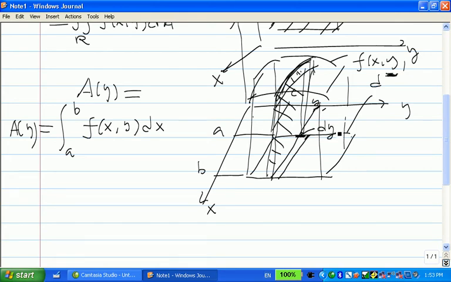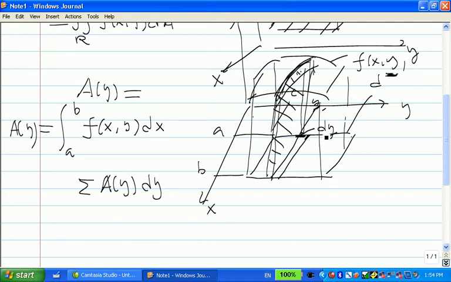Okay. If dy is so small, you can think the cross section is the same. Therefore, A(y) times dy, the base area times the thickness, gives you the volume of this slice. Okay. Then add them together.